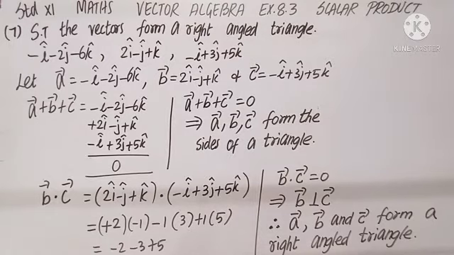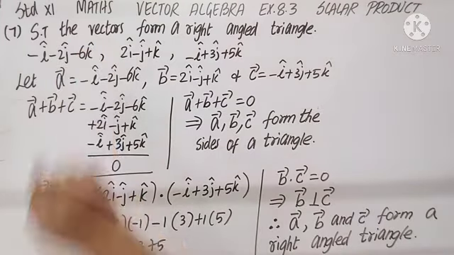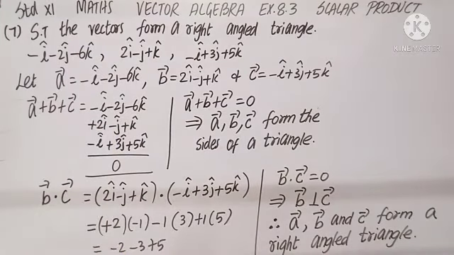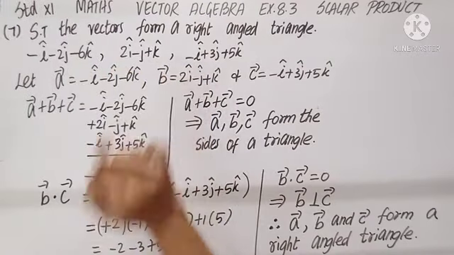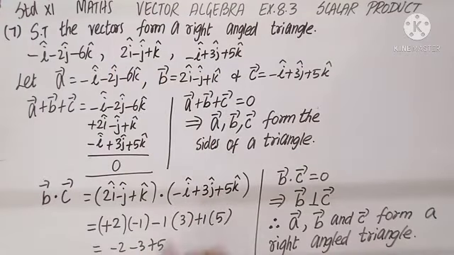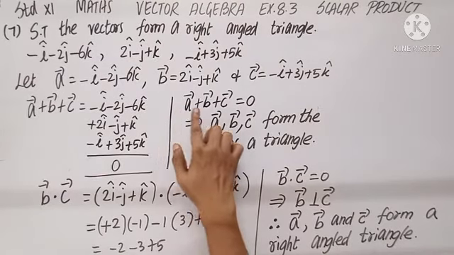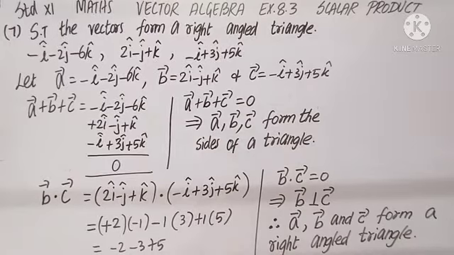Question number 7. Show that the vectors form a right angle triangle. Given the vectors, let us check whether they form sides of a triangle. What is the condition to form the sides of the triangle? Either I get A vector plus B vector is C vector, or I get A plus B plus C equals 0.